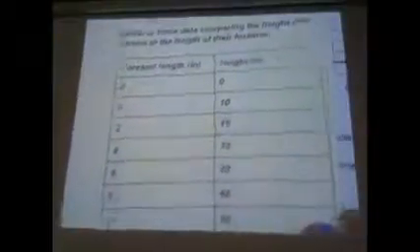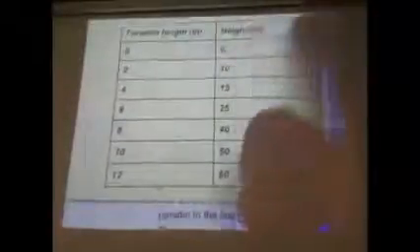I just took this information from the card that you were given, card number 1. So I copied this information down into the actual height.